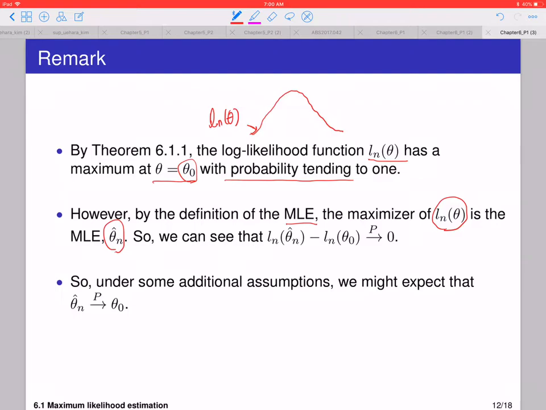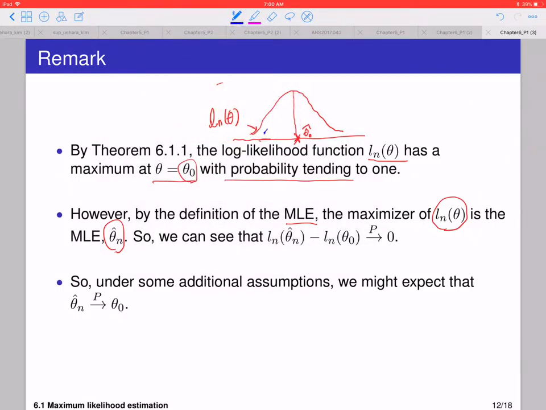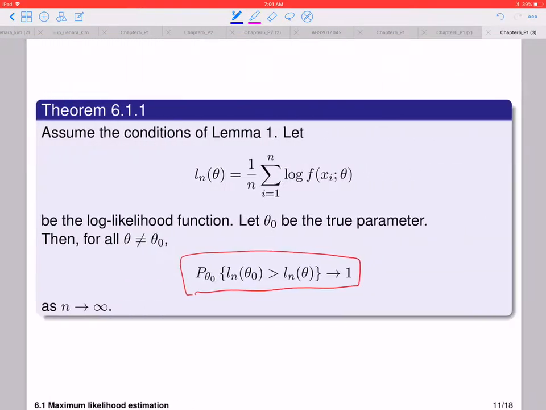And this one is zeta hat, right? And because it's maximized, but in the limit, the limit of this Ln converges to, maybe, this limit. Here we use the Q, right? This is Q.